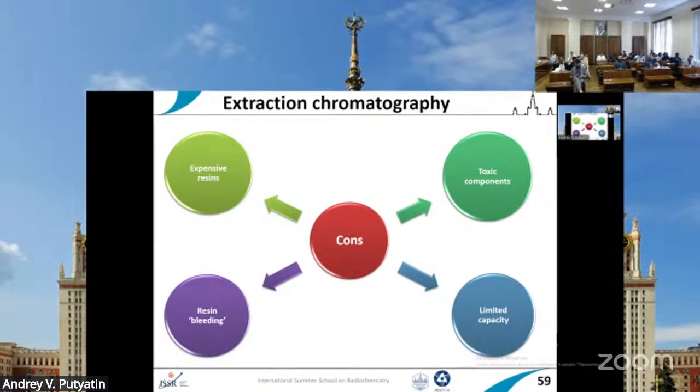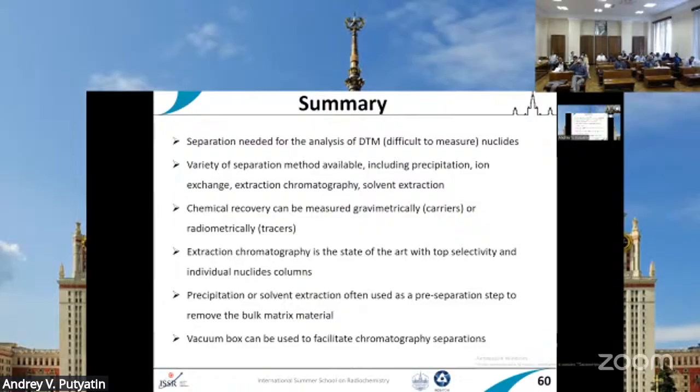The producers write that it is only for one-time use, but we know that it can actually be used 5 or 6 times. Still, from these pores, the extractant is removed step by step by the aqueous solution. That's the bleeding of the resin. But it's really very selective, and it's very convenient to use.